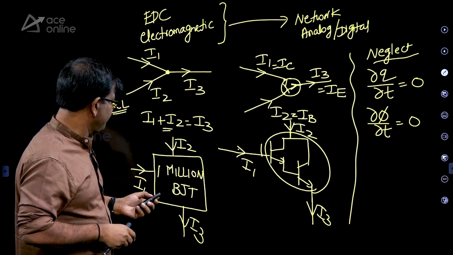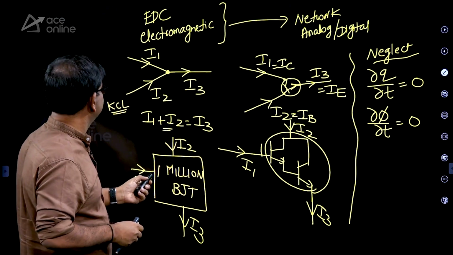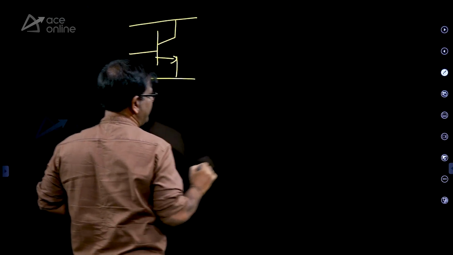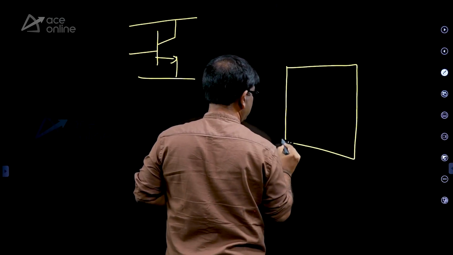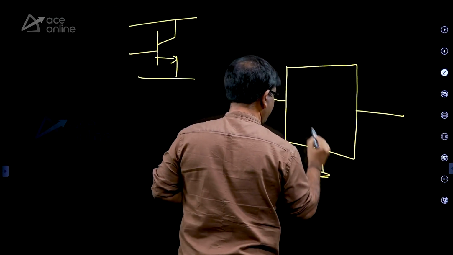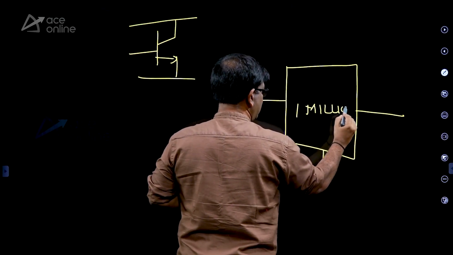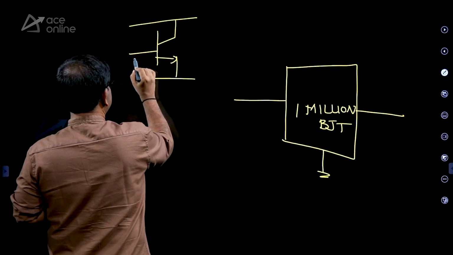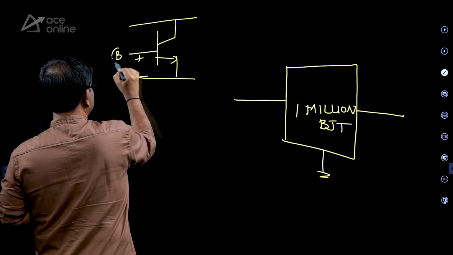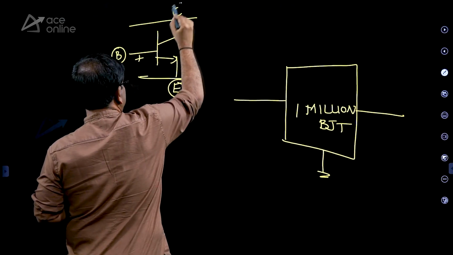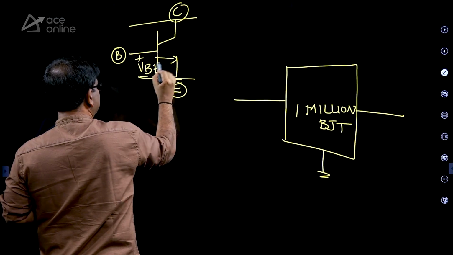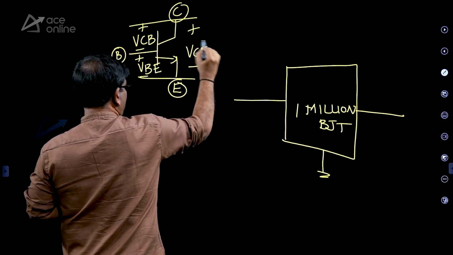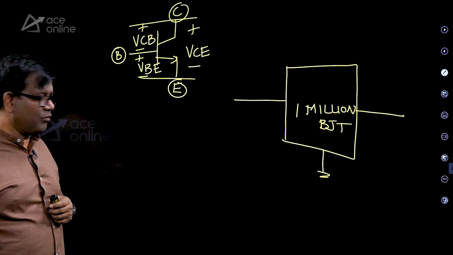So if you have a single BJT, the effort that you put for this BJT and the effort that you put for 1 million BJTs here is same. What is the effort here? Here you can take this as V1. Suppose this is base, emitter, collector. So you can take this as VB, you can take this as VCB, you can take this as VC, and you can go clockwise or anti-clockwise.